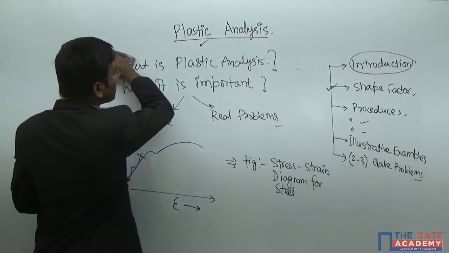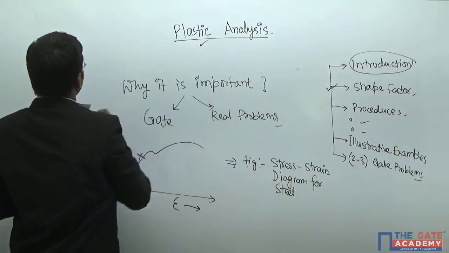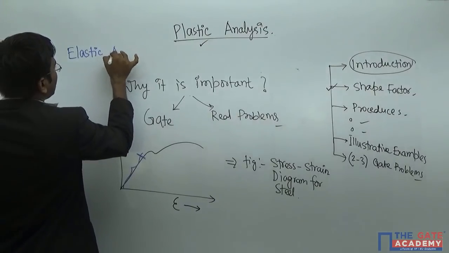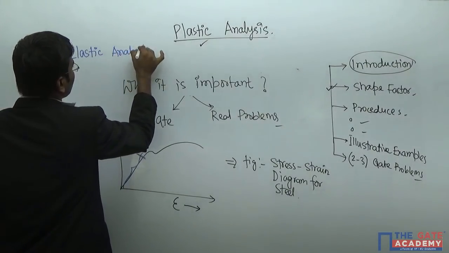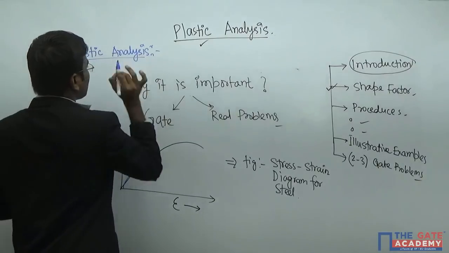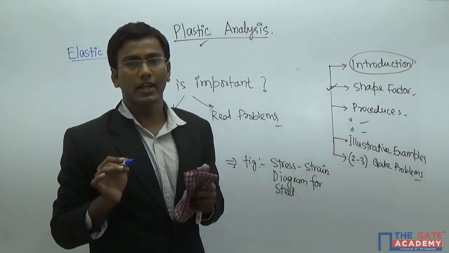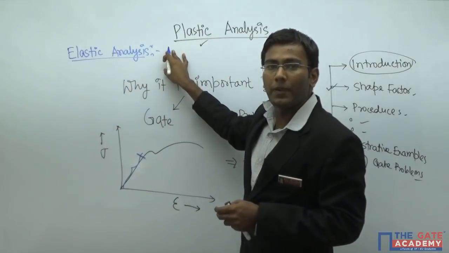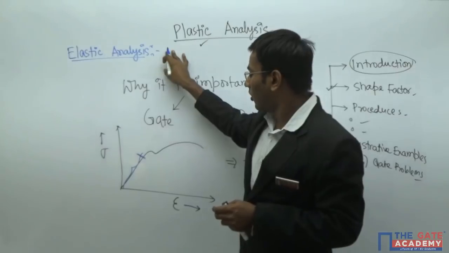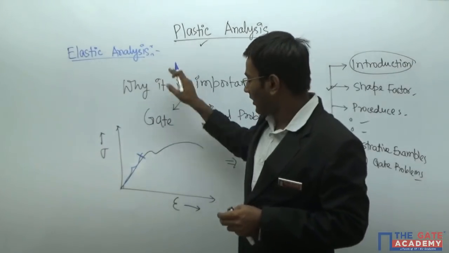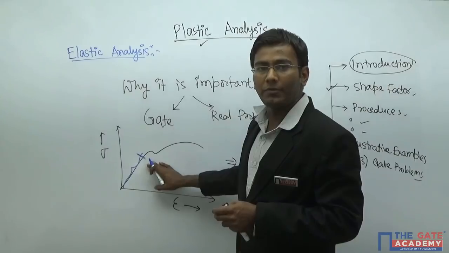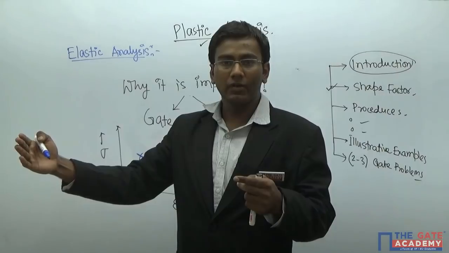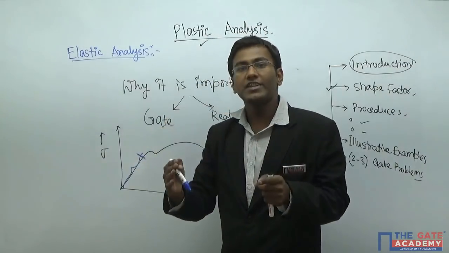So what is elastic zone or elastic analysis? Suppose I apply a force or a pressure on a body up to a certain limit, then after the load is taken back, the body returns to its initial position.